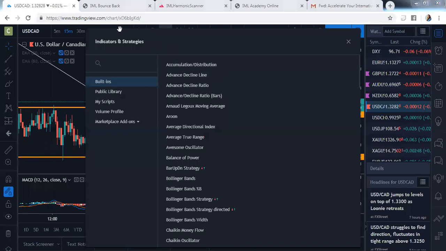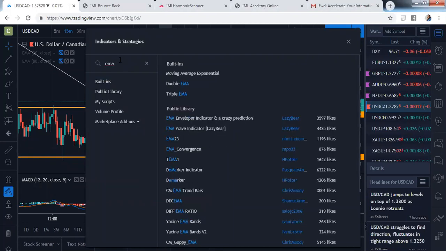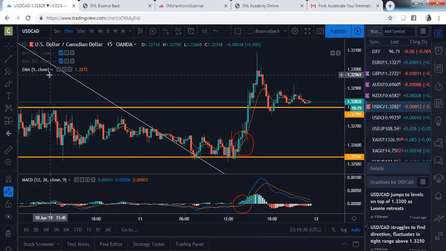You're going to come here to the top where I click indicators and strategies, and you're going to type in EMA, right? You're going to look for moving average exponential. Moving average exponential, you're going to click on that. You just need to click once, right? Close it, and then you're going to see it over here on the right hand side.